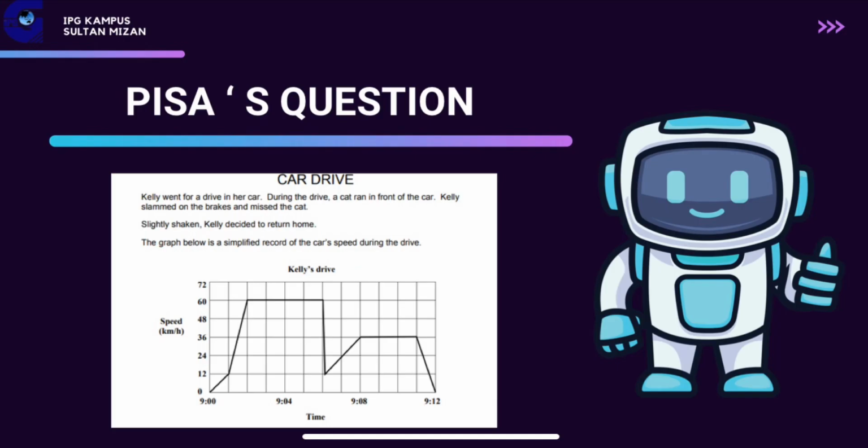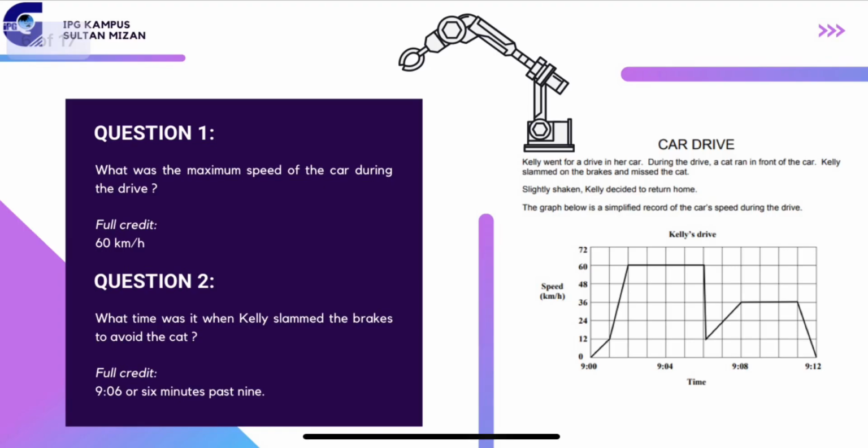The problem that is chosen from PISA's assessment is Car Drive. As we can see here, is a speed-time graph. Under the problem, we got two questions. For question 1, the problem is to find the maximum speed of the car during the drive.